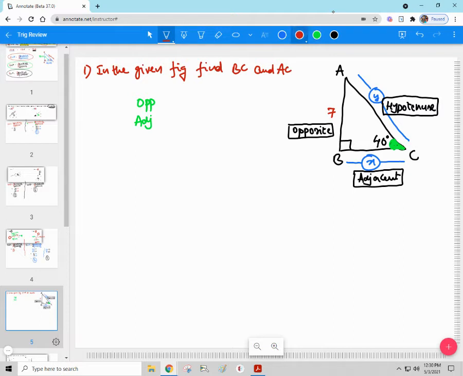So where do you find this opposite and adjacent? OA. So immediately you have to think of SOHCAHTOA. So which one works?